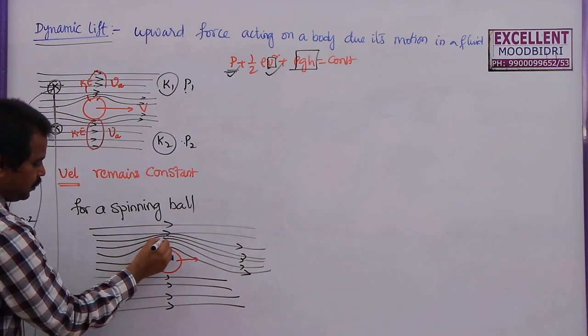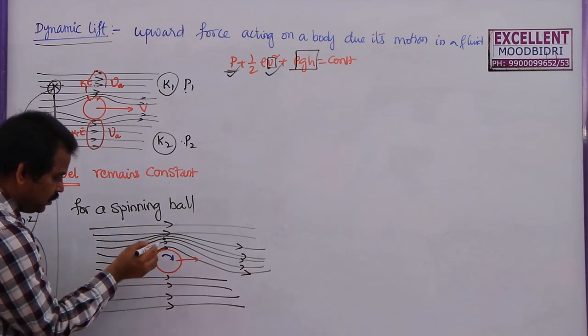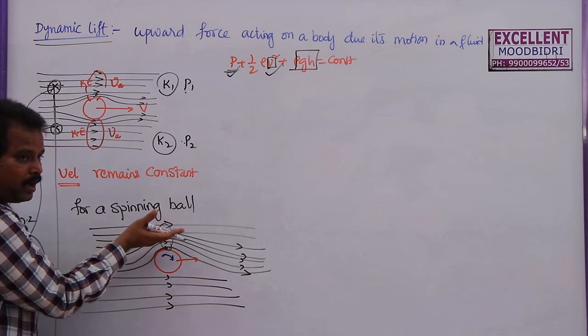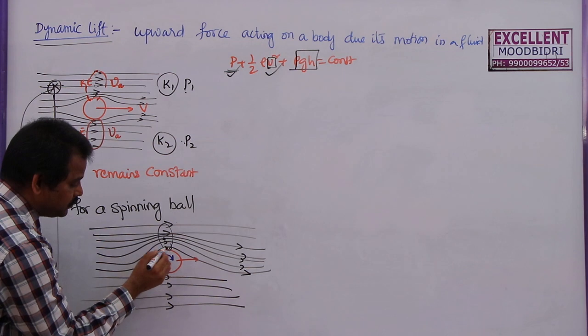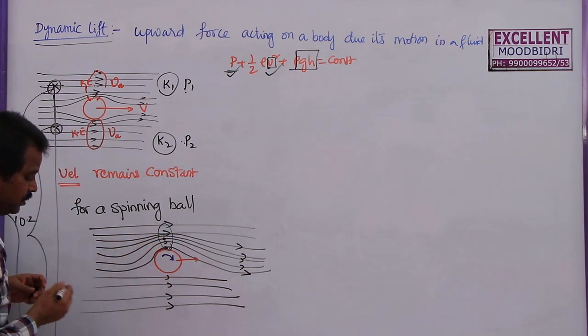So this is the pattern of the streamlines above the ball and below the ball. You can see this one. Within this area, more air is trying to pass over it because of the dragging of air with the surface of the ball. That means the ball will drag the air with its surface.